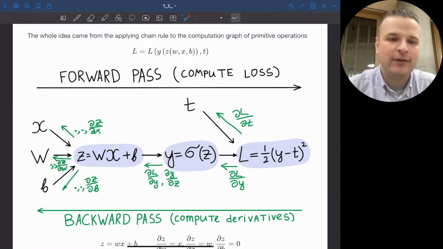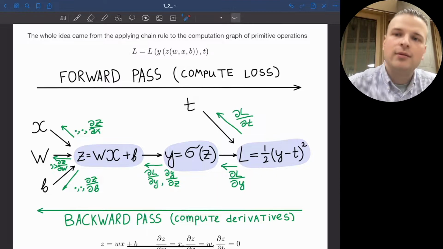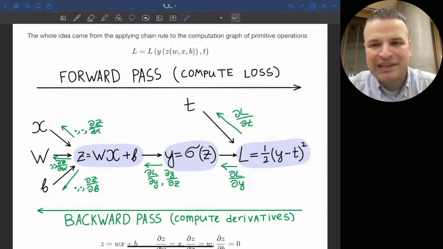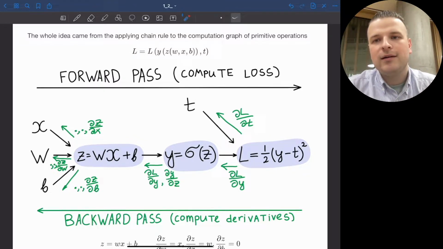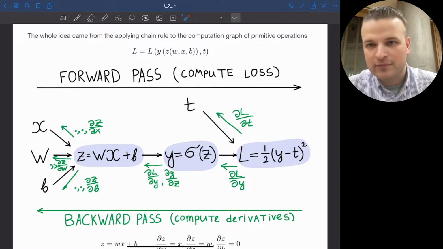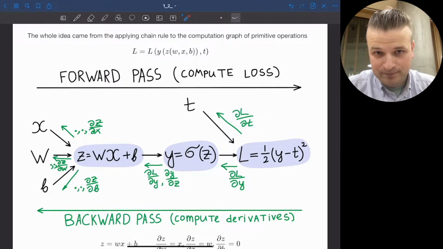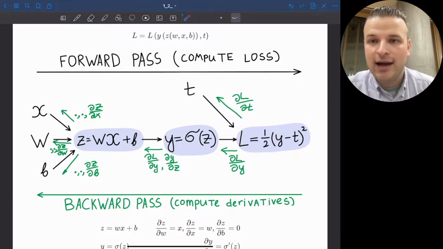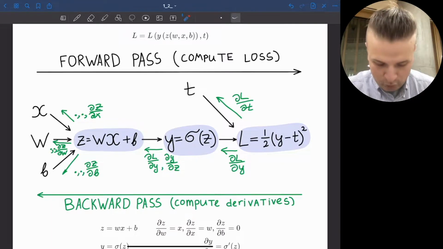But here we have a very simple linear mapping. After this we have some nonlinear function sigma from z, and later we have a loss function. And let us pose a problem here and formulate an idea how to deal with the problem.